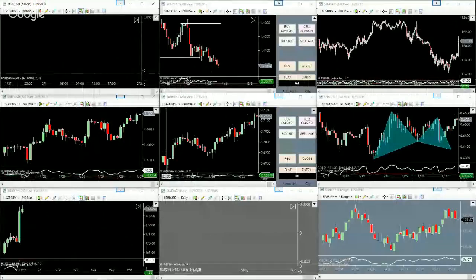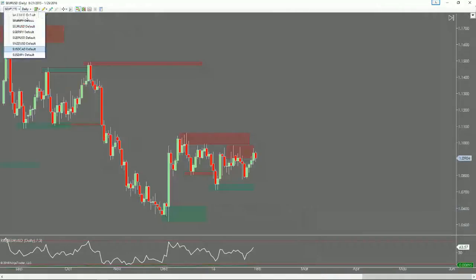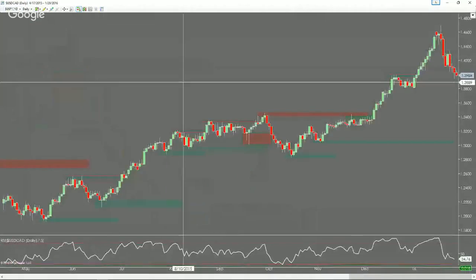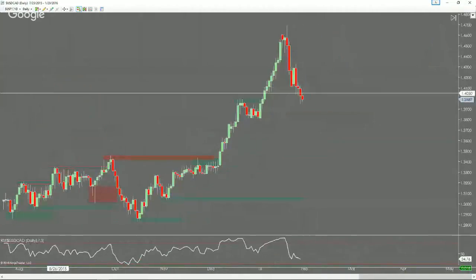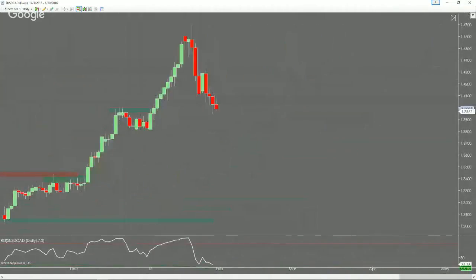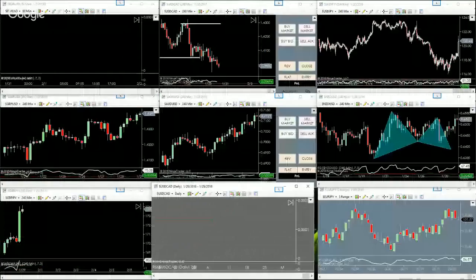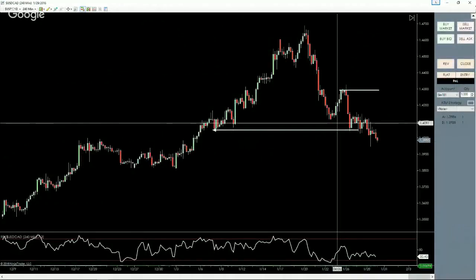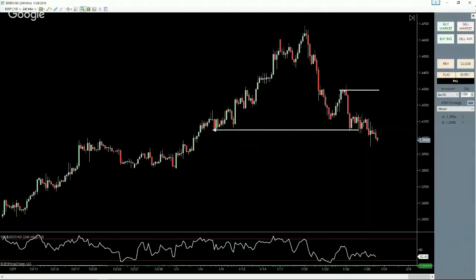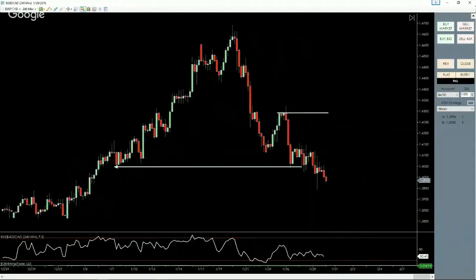Let's go to dollar CAD. All right, dollar CAD is back down to that structure level on the daily that we were talking about. Now, let me show you the 4-hour. On the 4-hour, we talked about this structure level right here, where the market had done a double bottom right here.